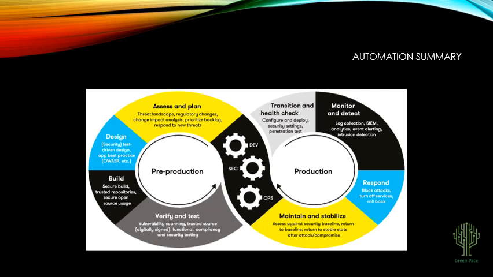For situations like a denial of service or a distributed denial of service attack during the respond phase, we have an automated system such as Cloudflare that automatically rejects requests meant to impair service performance. From there, all we need to do manually is maintain and stabilize the system.